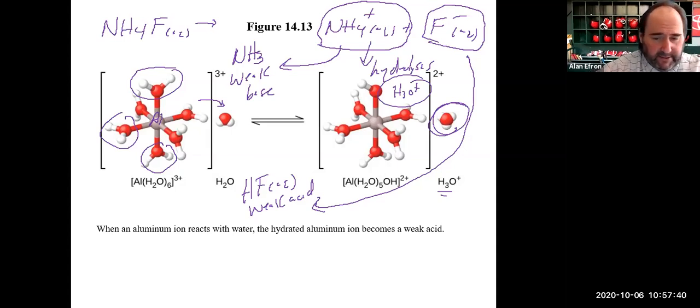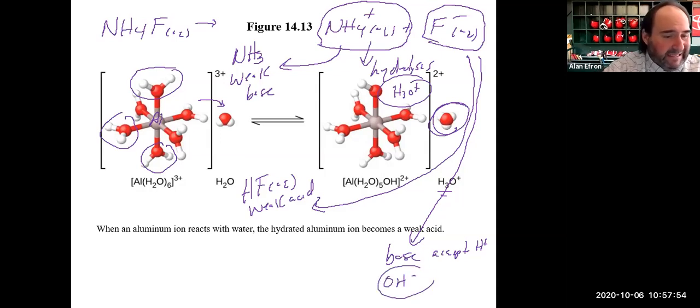It would accept the H plus from water, and it would produce hydroxide and be basic.